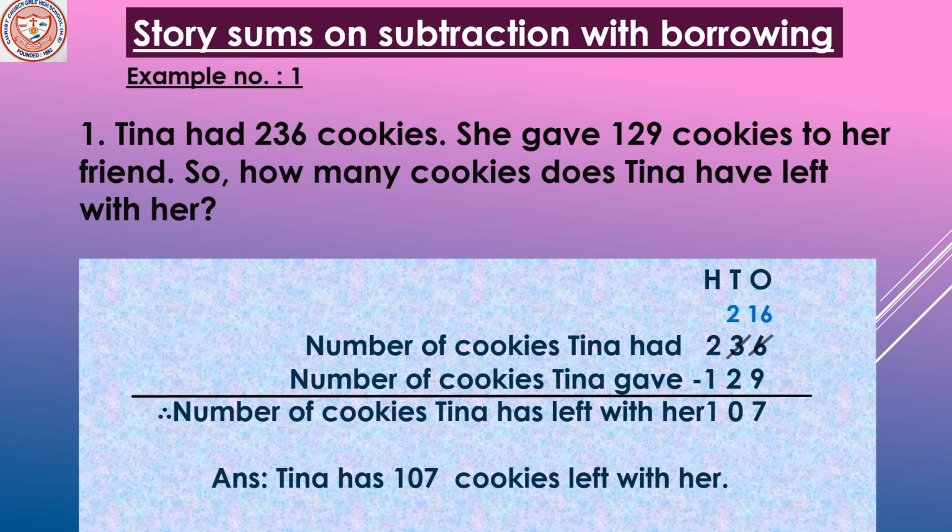Then follow step number 2. Subtract the tens. In the tens column there are 2 tens and 2 tens. Because after borrowing 1 ten, we have 2 tens left, isn't it?